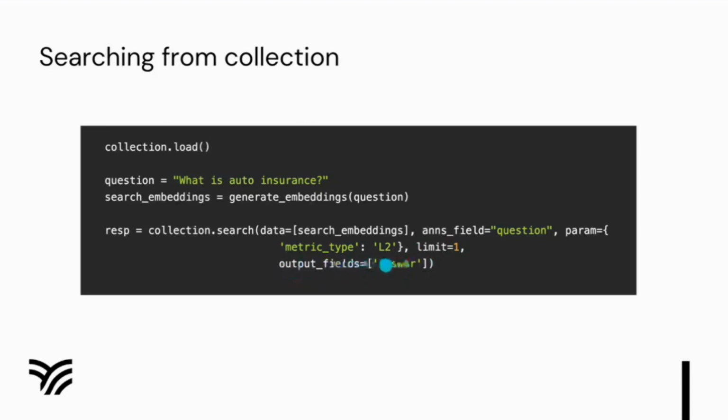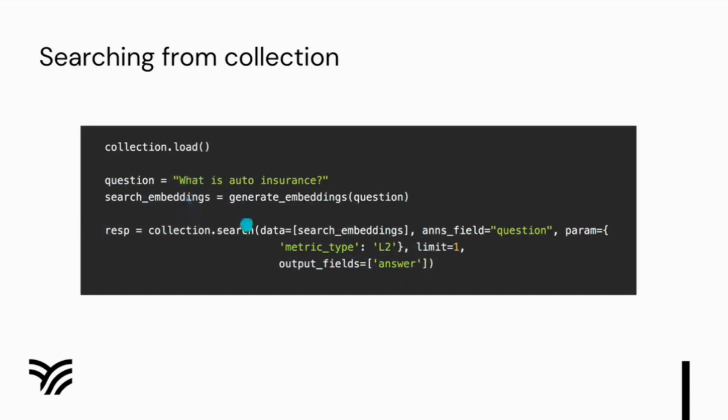In our case we want only answers in the output, right? So we will first generate the embedding of the question, then calculate the similarity using the Euclidean distance, which is also known as L2, and then the answer field would be the output, right?